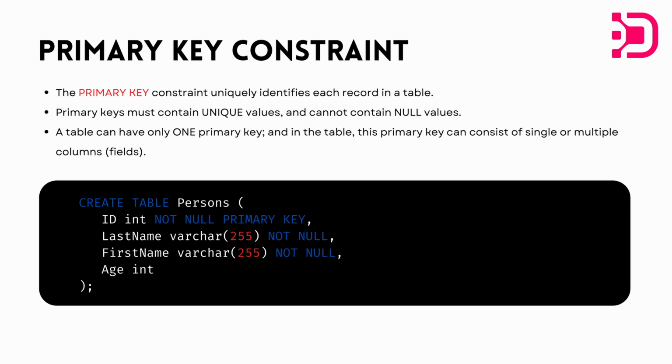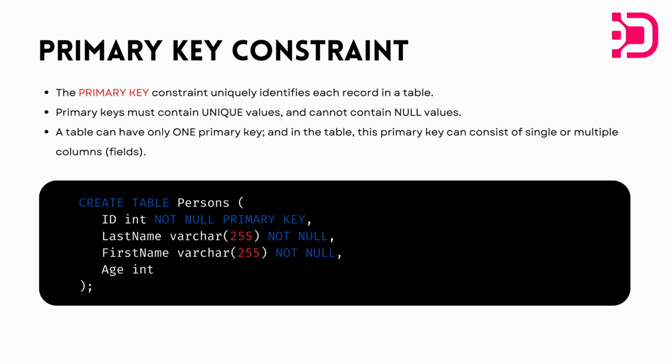And for more advanced cases, you can specify a primary key on a set of columns rather than just one column. But as a whole, a table can only have one primary key, be that in a simple case on one column or a primary key consisting of multiple columns.